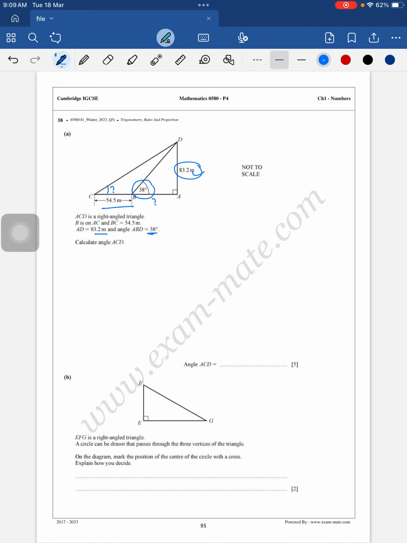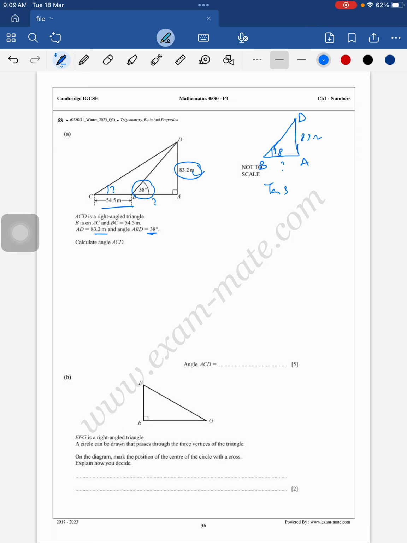So first I will use this triangle ABD, which has angle 38 and side 83.2. I will take out AB first. So we can apply the formula cos 38... No, we cannot apply cos because we don't know the hypotenuse. So we should apply tangent.